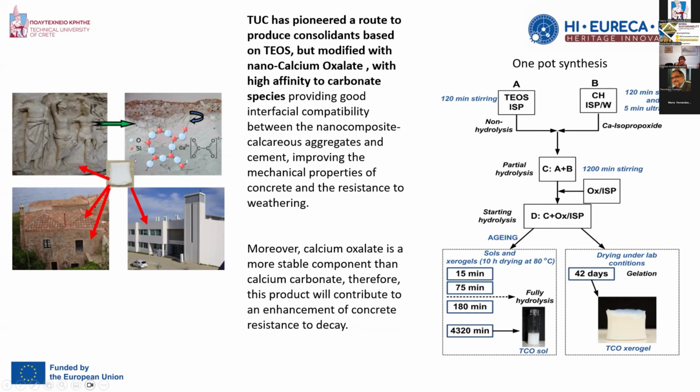One is the silica, and the other one is a structure called calcium oxalate, and this is produced from the decay of previous treatments that deteriorate with organic substances like linseed oils, like egg whites and so on, that give these radicals of oxalate, and those radicals react with calcium and produce the calcium oxalate.